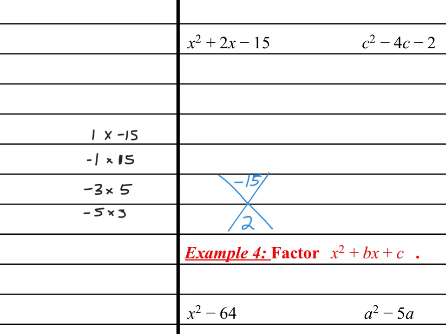Which of those add up to positive 2? Negative 3 and 5. So this one. So if you're having a hard time when it comes to, okay, I got to have things that multiply to a negative number but add to a positive or negative, I would write out my factors. So my thing would be x minus 3, x plus 5.